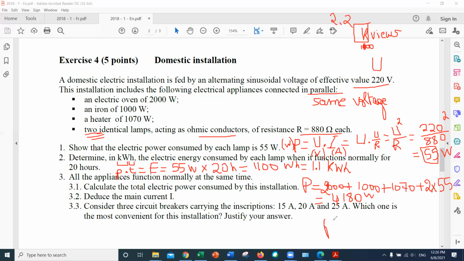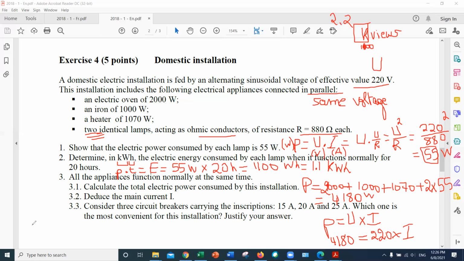Well, this formula P equals U times I also applies even if it's not an ohmic conductor. So let's apply this formula on P total, which is 4180. To avoid Ohm's law, we use this formula: 4180 equals 220 times I. To find I, we divide by 220.